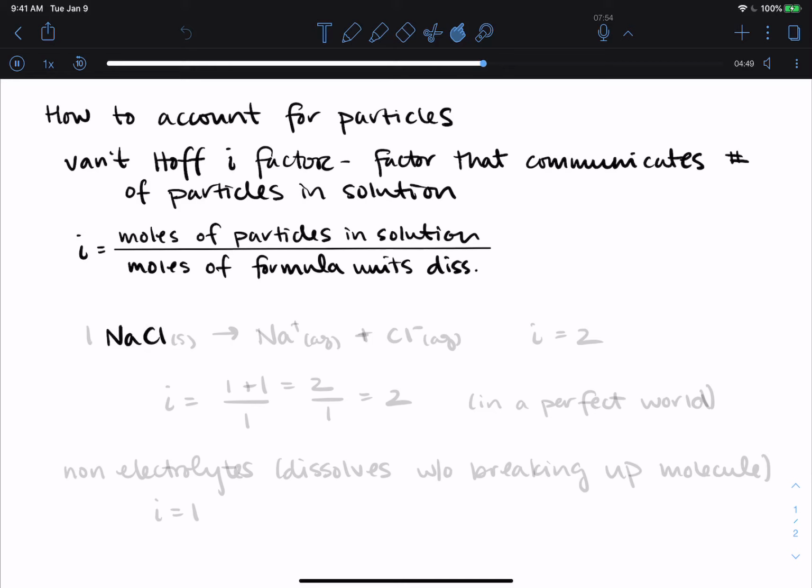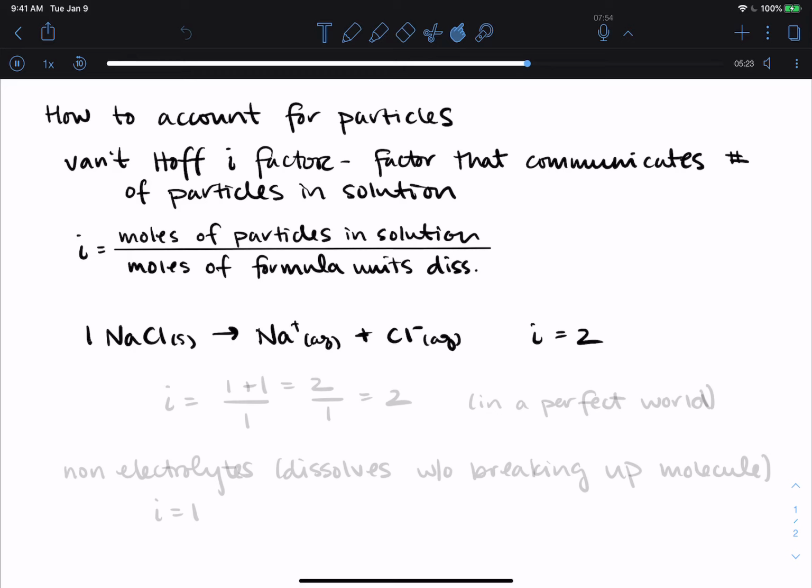If you imagine something like sodium chloride going into solution, you can get the Van't Hoff i factor. If you dissolve 1 mole of sodium chloride, or 1 mole of anything, you can just count how many pieces it breaks up into. So this 1 mole of sodium chloride split up into a Na+ and a Cl-. It has an i factor of 2.